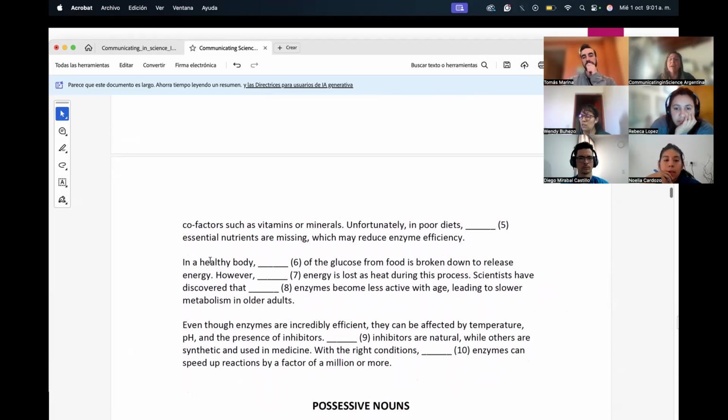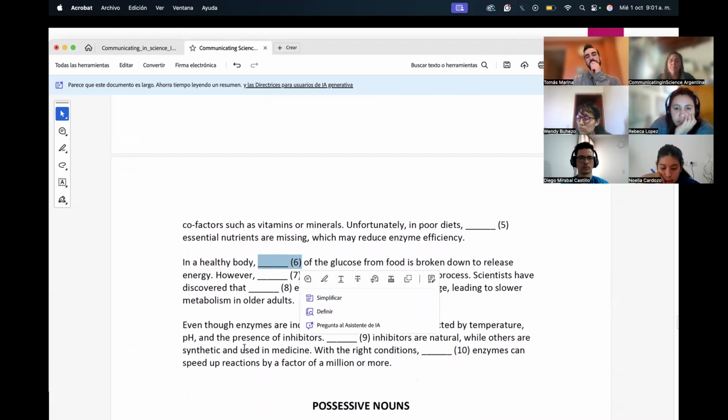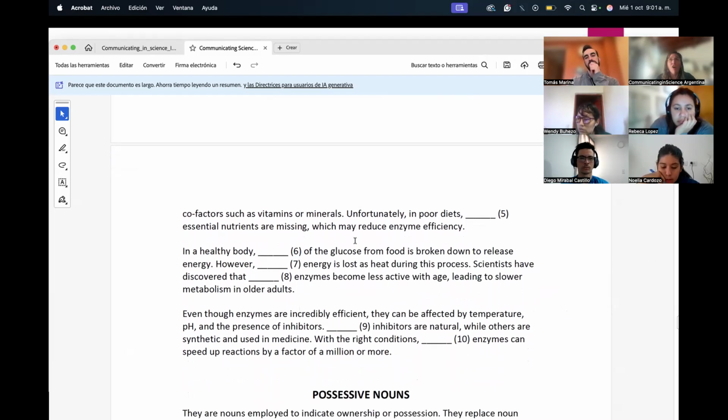In a healthy body, of the glucose from food, it's broken down to release energy. What would you put here? All. Is it all?